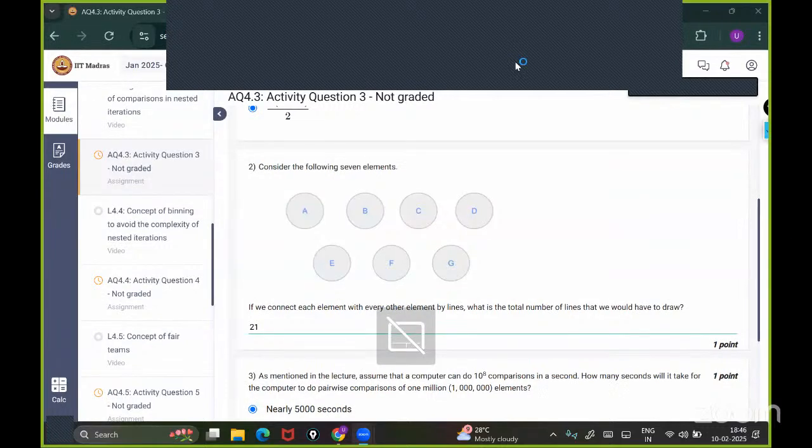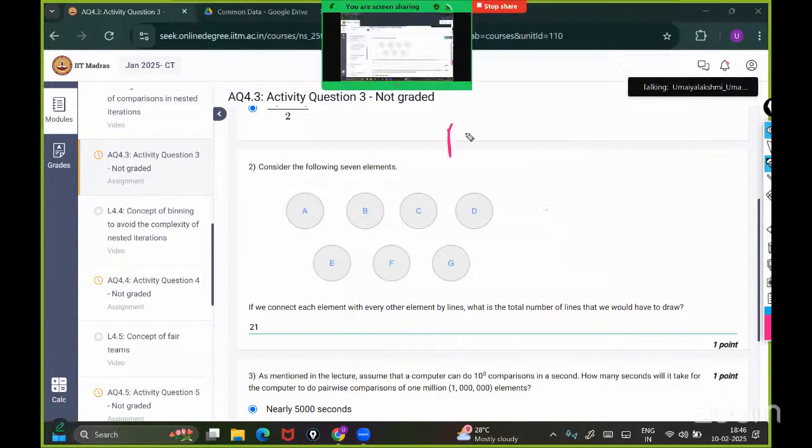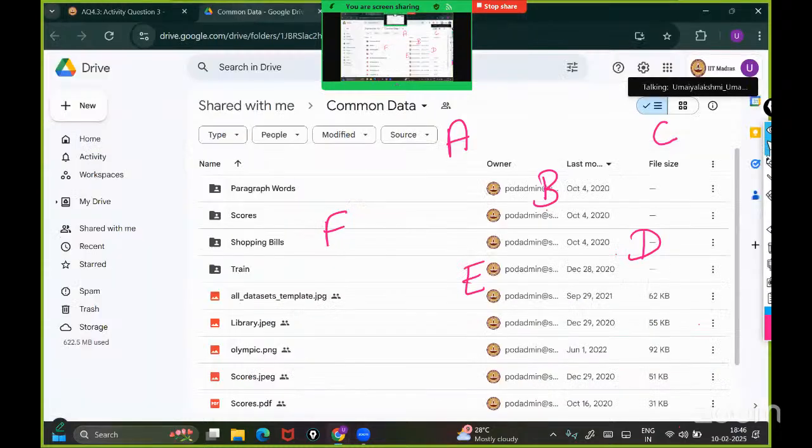For this question, let's make drawings like lines here. For A, which are all the elements to be matched? Let's say A, B, C, and let me give here D, E, and F. To which of these does A have to be matched? A has to be mapped with all the others, right?